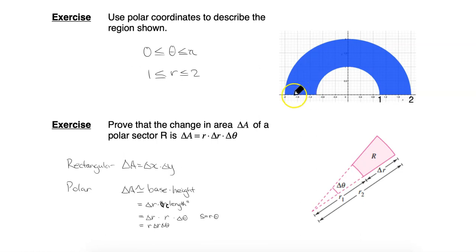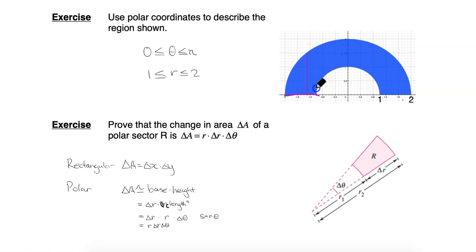So we would have to say that if x ranges from -2 to -1, then for any of these x values, y ranges from 0 to that circle, which is the square root of 4 minus x squared.